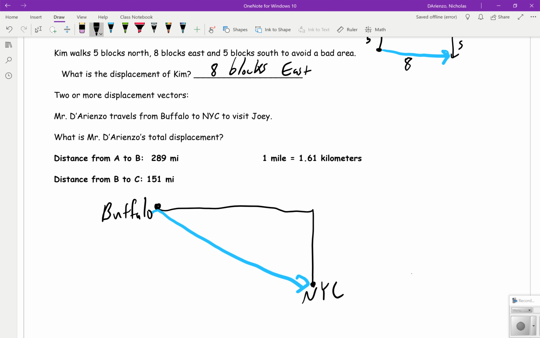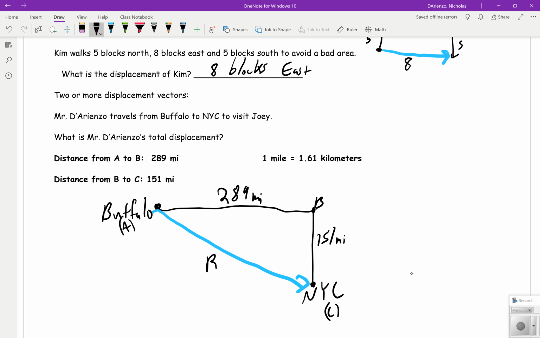And it's always going to be a straight line. Now we know from A to B, and we'll call Buffalo A, and this will be point B. New York City can be point C. A to B is 289 miles, and B to C is 151 miles. What is our resultant? Well, digging up some of the old math skills, and using page 5 of your reference tables, the geometry and trigonometry section.